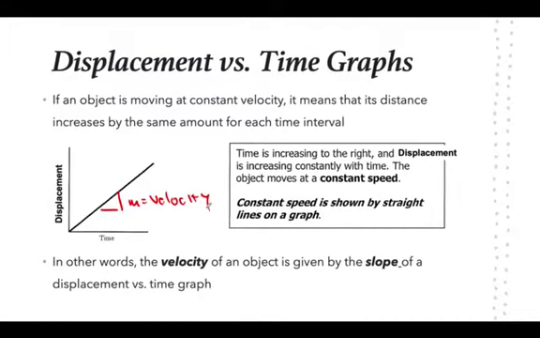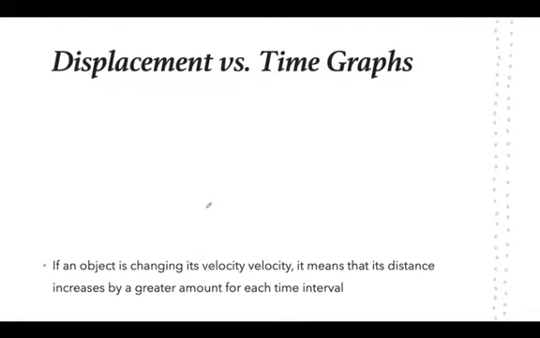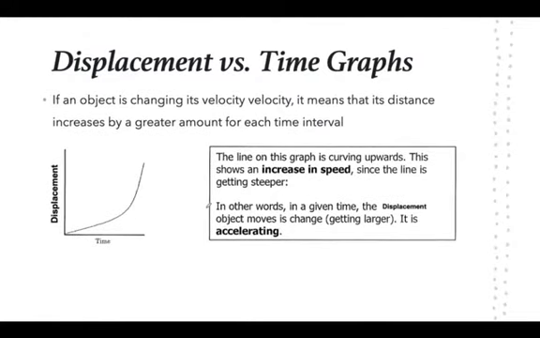Now, what happens if instead of a straight line, we have a curved line? Then if I'm looking at one time interval here, I see a change in displacement of this much, delta x1. If I look at the same time interval here, then I see a change in displacement that is much greater.